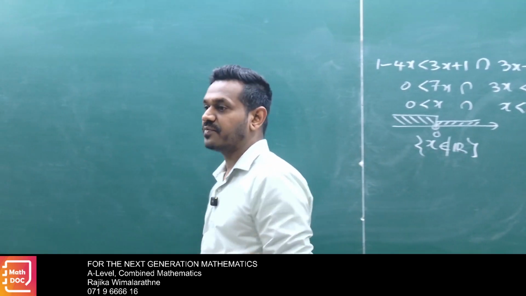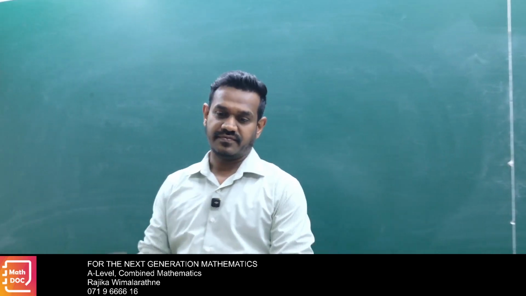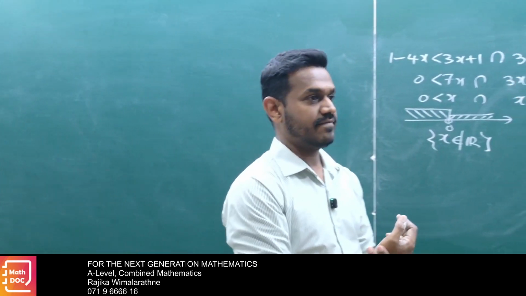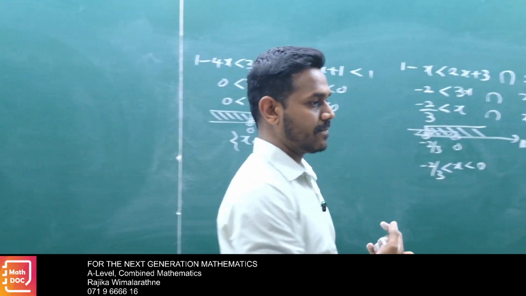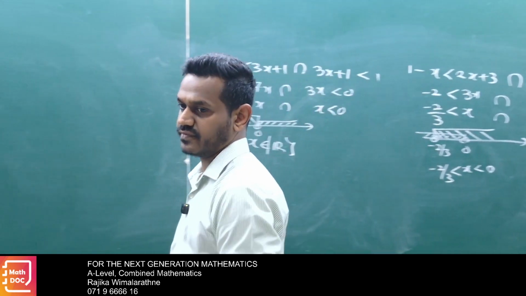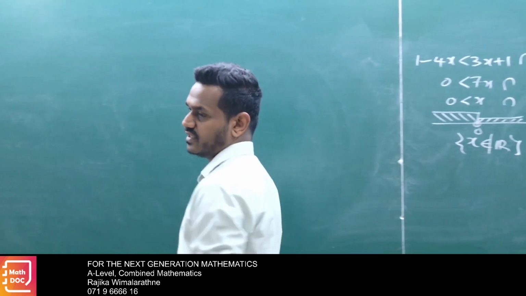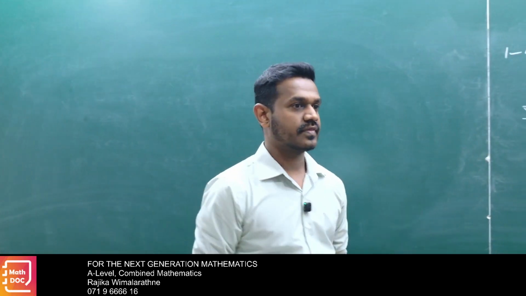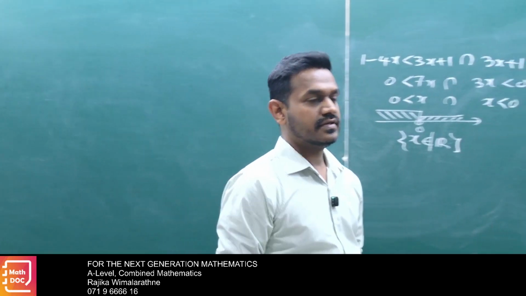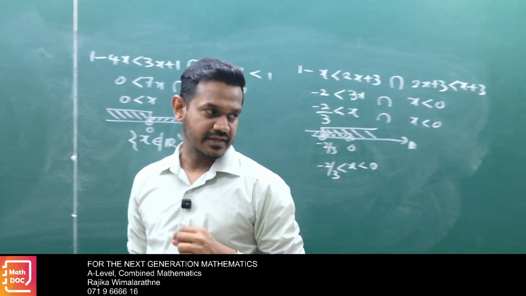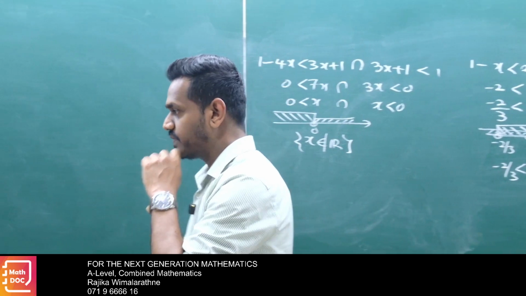Then next subtopic, quadratic inequalities. Under polynomial, first one linear, now this one quadratic inequalities. Just write there.